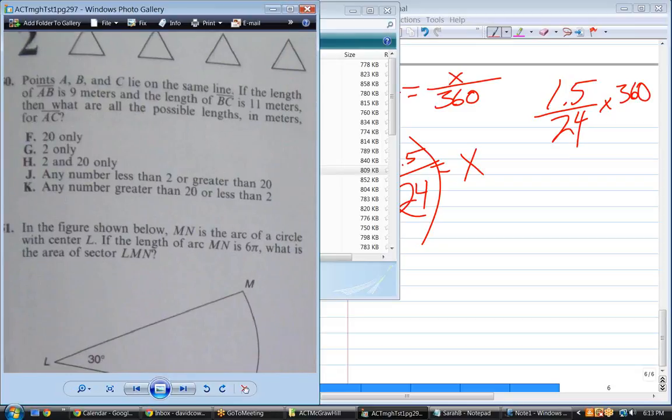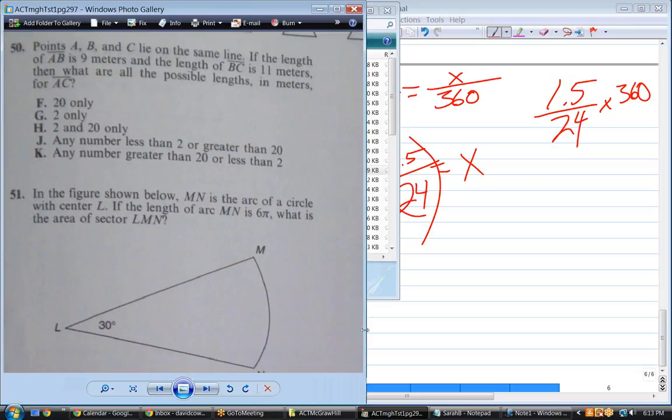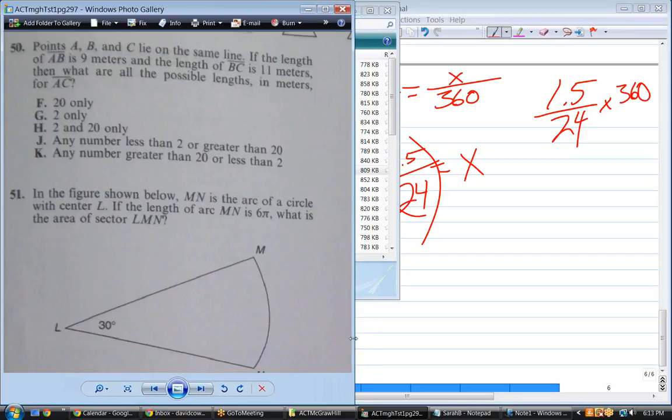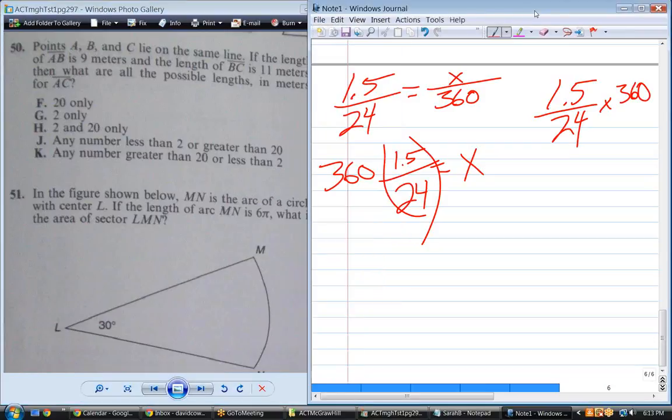Is there a math portion of the SAT? Yes, there is. Now, I would say, first of all, there's no trig and there's no conic sections on the SAT.